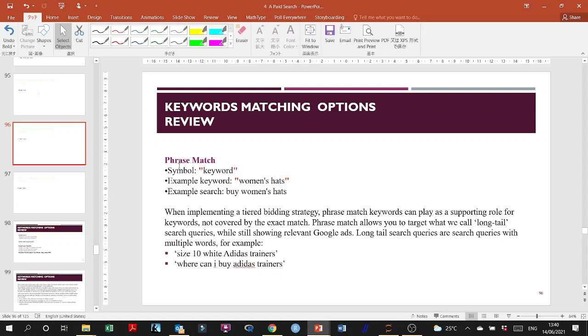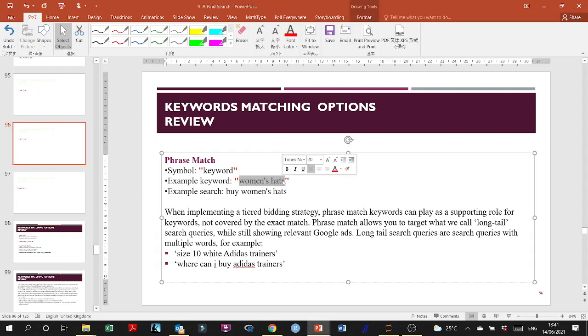A phrase match, on the other hand, also will be very specific. So implementing a tiered bidding strategy, phrase match keywords can play a supporting role for other keywords not covered by exact match. But I can't think of anything other than brand names, really.